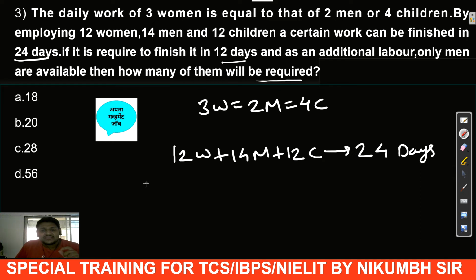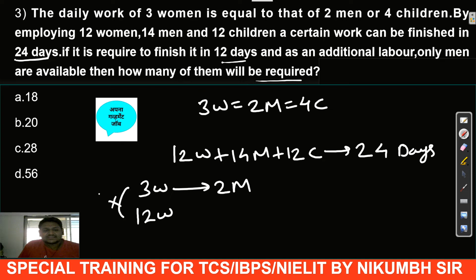If 3 women's daily work is equal to 2 men, then what is the value of 12 women's work? Just multiply by 4, because 3 fours are 12. Similarly, if you multiply here, you multiply here also, it will be 8. So I convert these 12 women into 8 men, because we want only men.